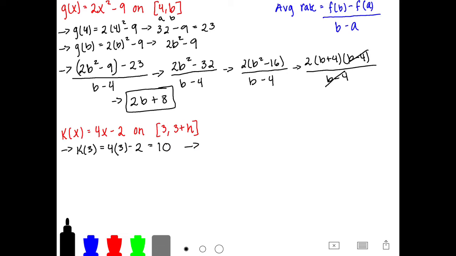And now we have to do k of 3 plus h, which equals 4 times 3 plus h minus 2. Distributing the 4, you get 12 plus 4h minus 2. Combining like terms, we get 10 plus 4h.